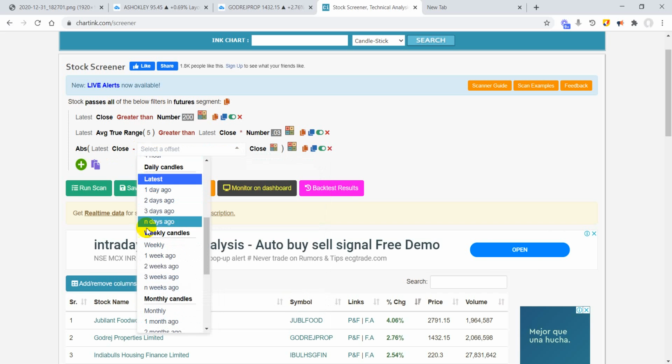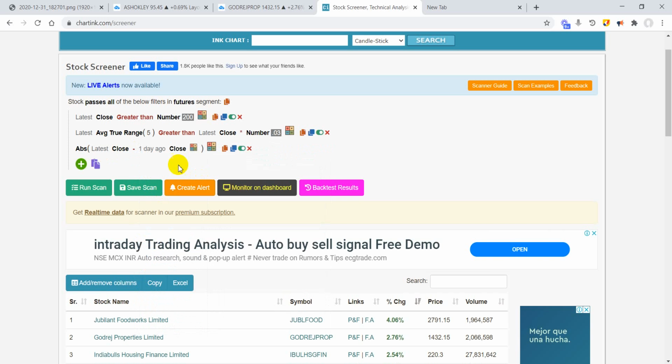So today's current market price minus yesterday's closing price will give us a difference. Say at present the stock is trading at 102 rupees and yesterday's closing was 100 rupees, so this will give us a difference of 2 rupees.